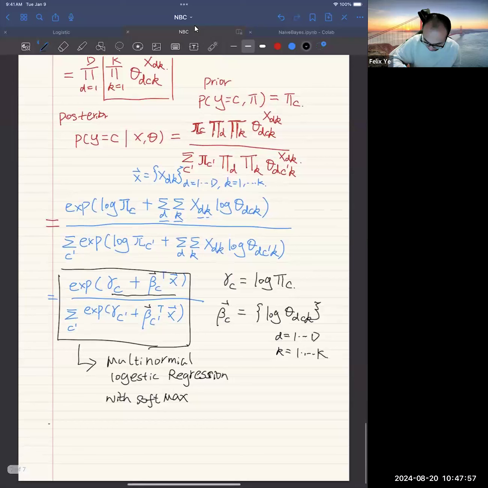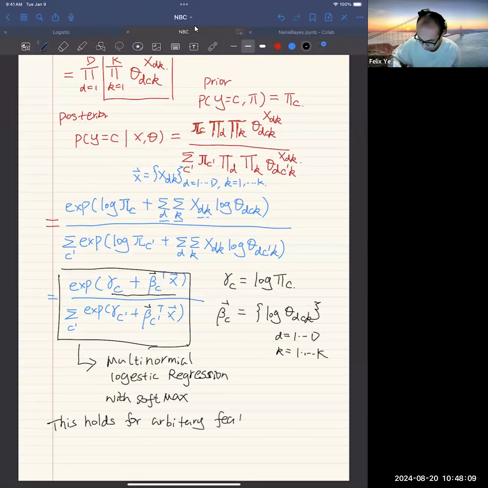So this actually holds for arbitrary feature distributions in the exponential family. For example, if my feature distribution is a Gaussian, this still works.